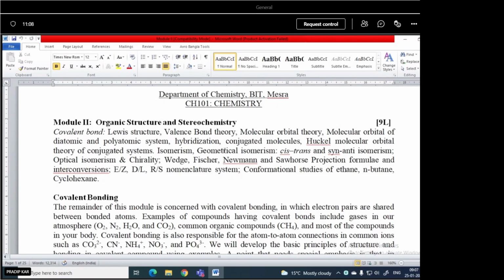I think you have an idea about the Lewis electron dot structure. Still, we will give some introduction about that.